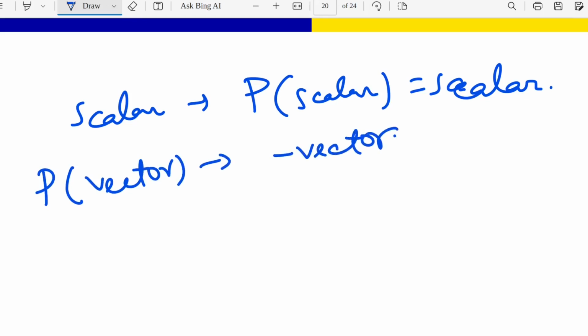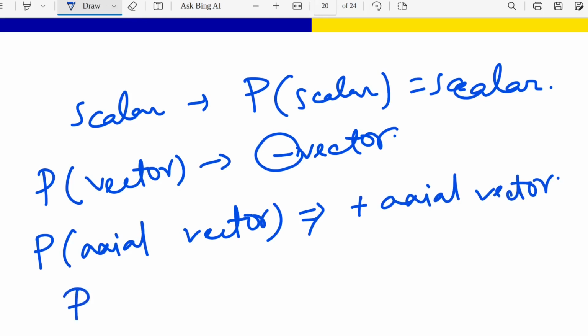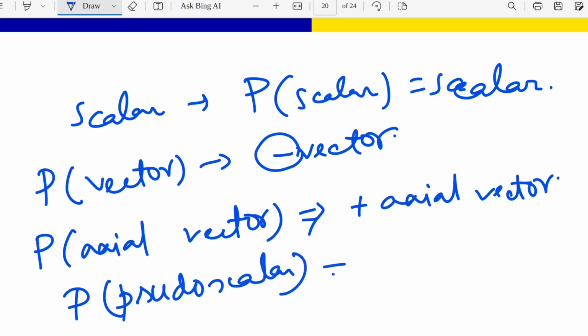Minus vector means it is odd under parity. Now P of axial vector, I will talk about what an axial vector is, comes as plus axial vector. And there is also pseudo scalar, right? For that pseudo scalar, it comes as minus pseudo scalar.